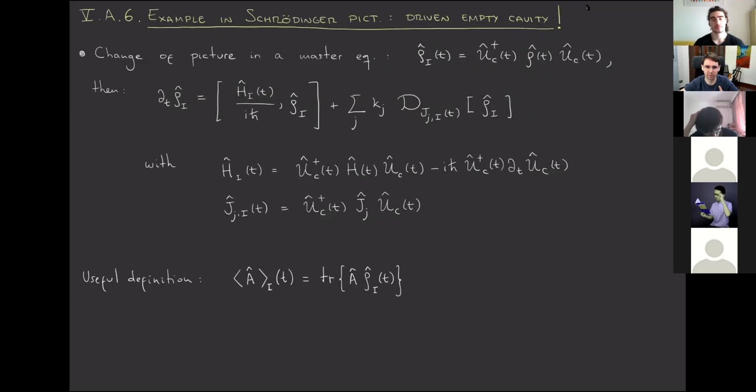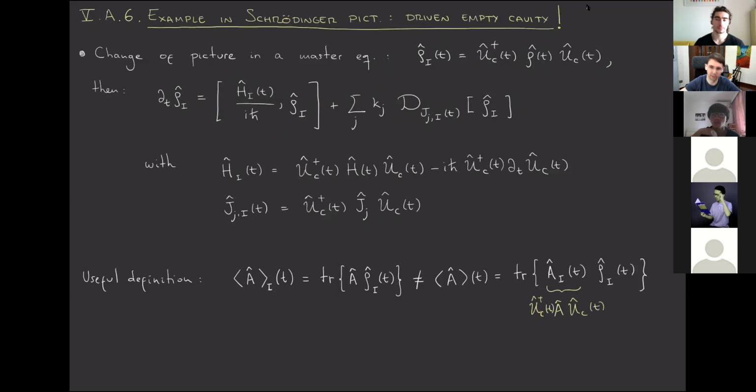Note that this is not the expectation value of the operator, because the expectation value of the operator is a different object. If you want the expectation value of the operator in the interaction picture, this would mean evaluating the interaction picture operator and then doing the trace with the interaction picture state. So this thing here is just the operator transformed by the unitary.